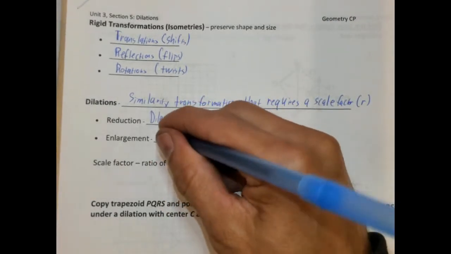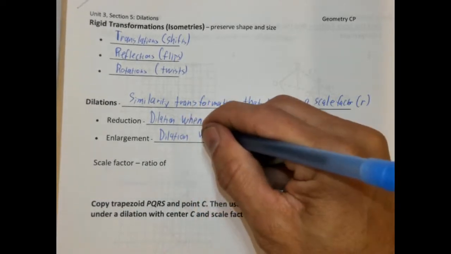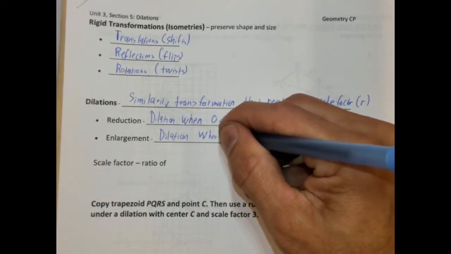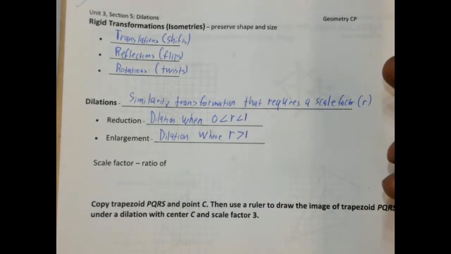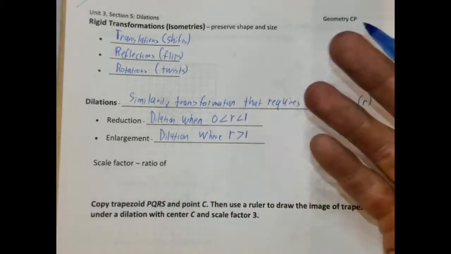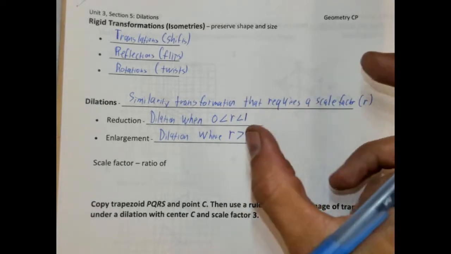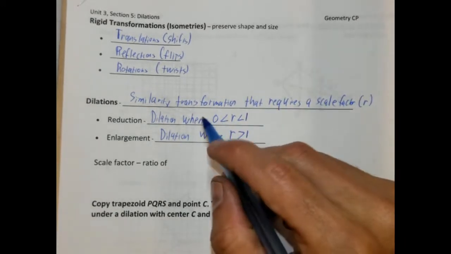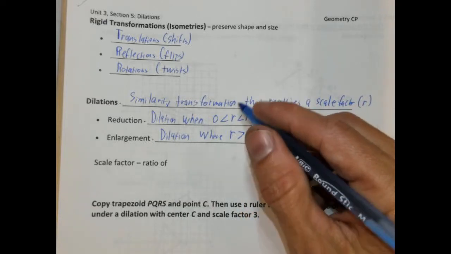And then an enlargement is a dilation where the scale factor is greater than 1. Okay? And that makes sense. Think about that. If you're multiplying something by something larger than 1, the product would be larger, assuming that R is positive, the number is positive to begin with, because remember, it's distance, and distance cannot be negative. And if you multiply something by a proper fraction, you're going to get a resulting smaller product.